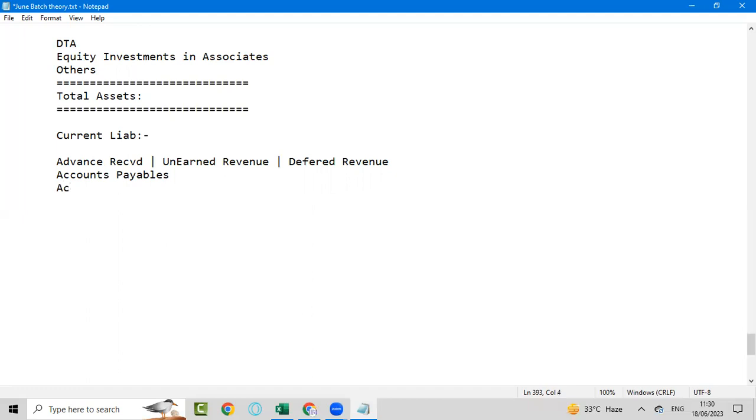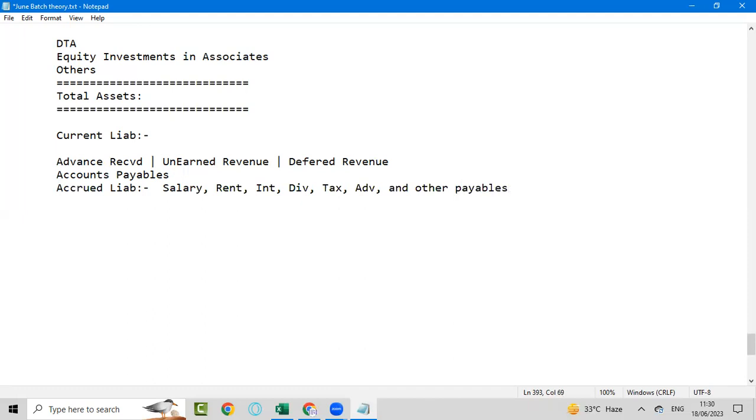Then we have accrued liabilities. Salary payable, rent payable, interest payable, dividend payable, tax payable, advertisement payable, and other payables.